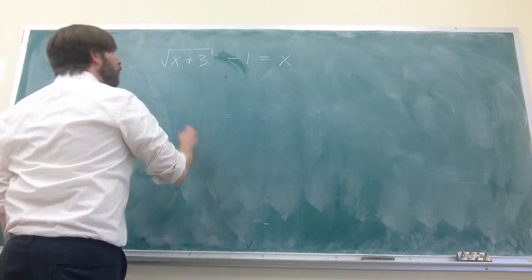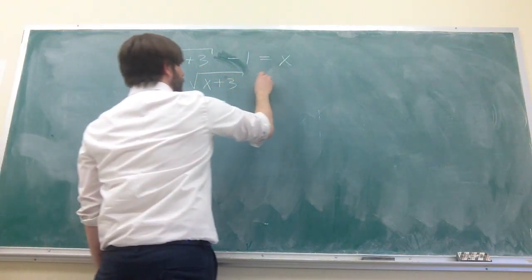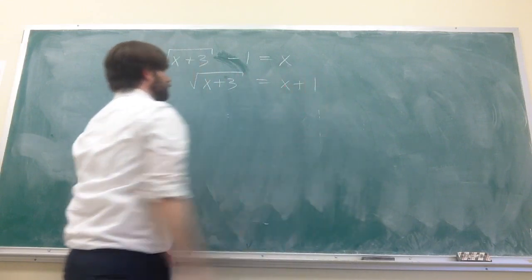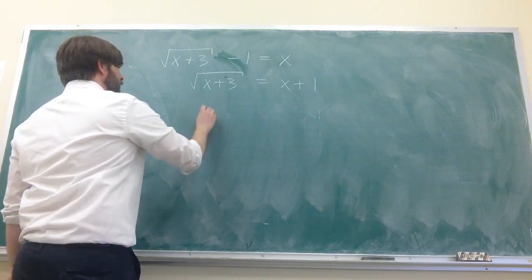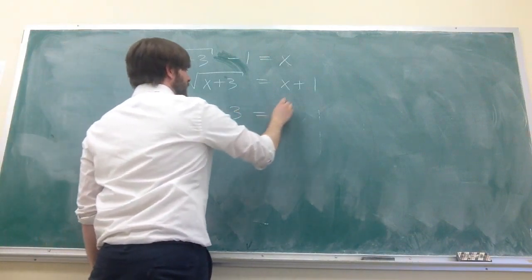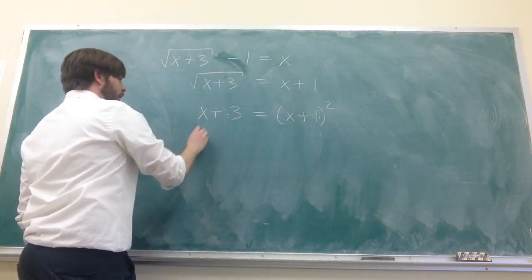So we add 1 to both sides. We get the square root of x plus 3 is equal to x plus 1. We've got the radical alone on one side, so we square both sides. We get x plus 3 is equal to x plus 1, squared. We FOIL.